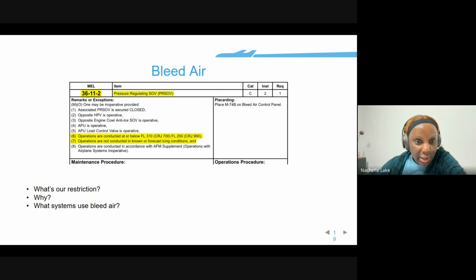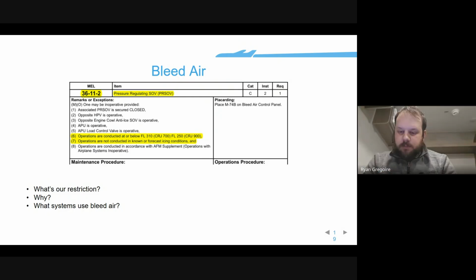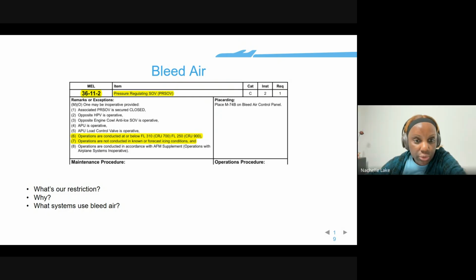Operations are conducted at or below flight level 310 for the CRJ 700, and at or below flight level 250 for the CRJ 900. Also, operations are not conducted in known or forecast icing conditions. All right, very good.